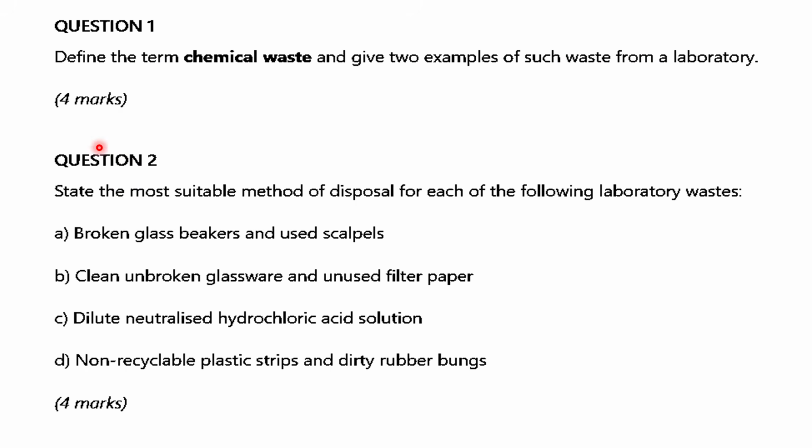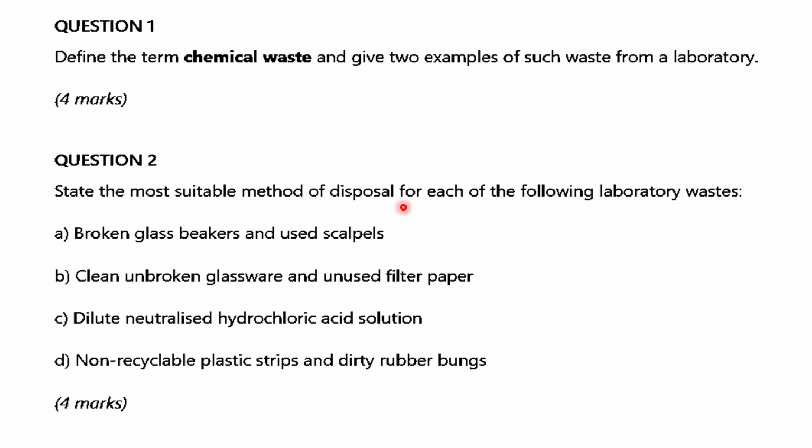Okay, so I have a series of questions here for you to work on. Define the term chemical waste and give 2 examples of such waste from the laboratory. So we looked at the definition of chemical waste and examples. Question number 2.